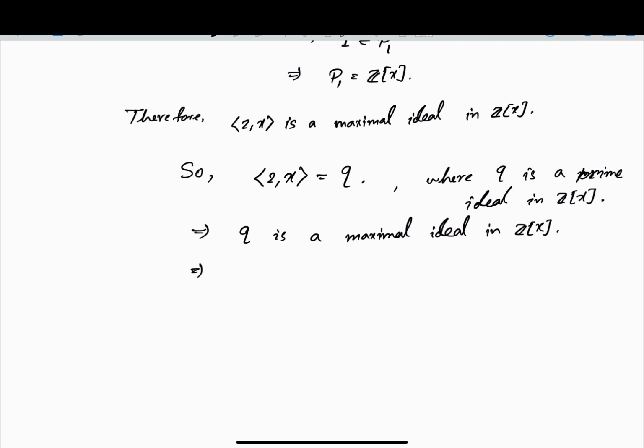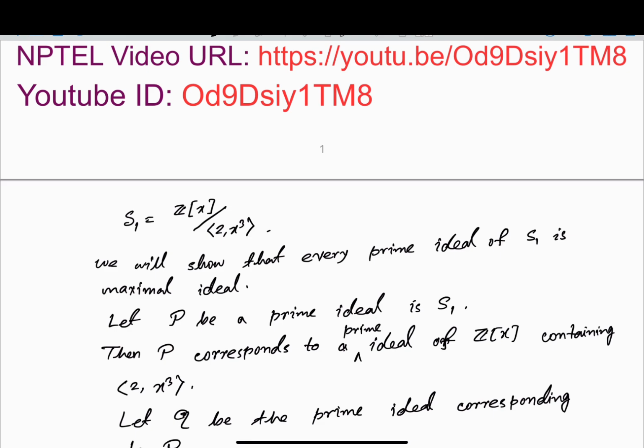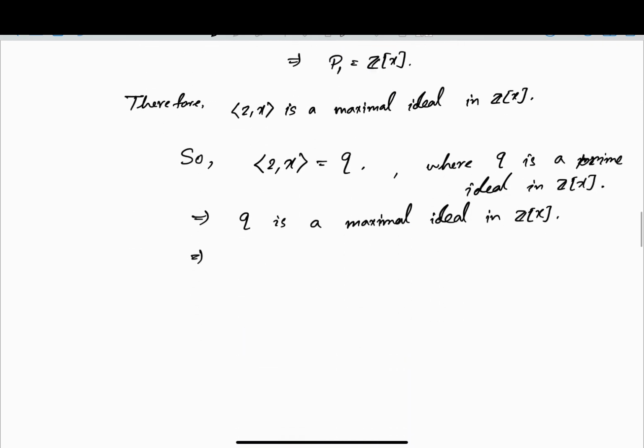So then by correspondence, because Q is the corresponding ideal of P in this ring Z[x] mod (2, x^3), P is the maximal ideal in this Z[x] mod (2, x^3). So we started with P to be a prime ideal, and we have seen that this is a maximal ideal. So every prime ideal is a maximal ideal in S1.